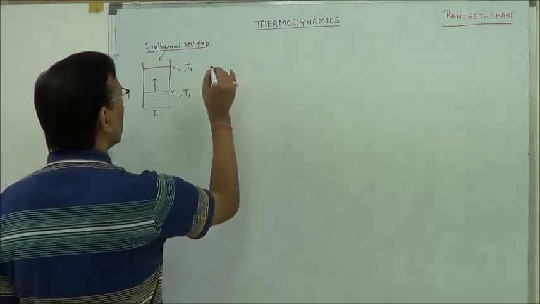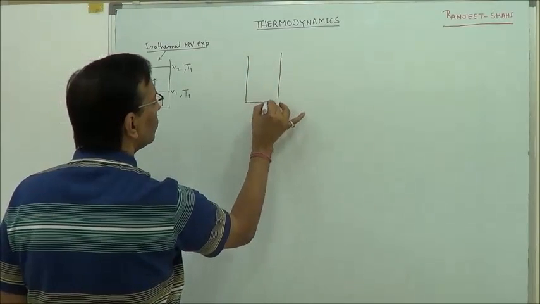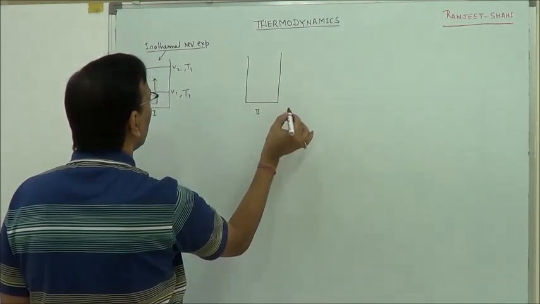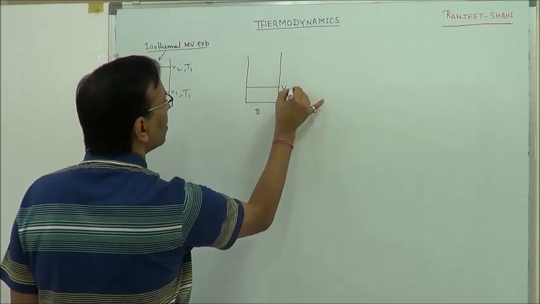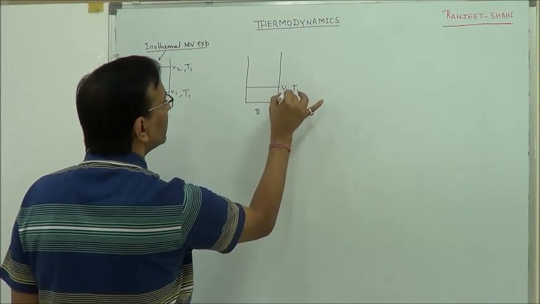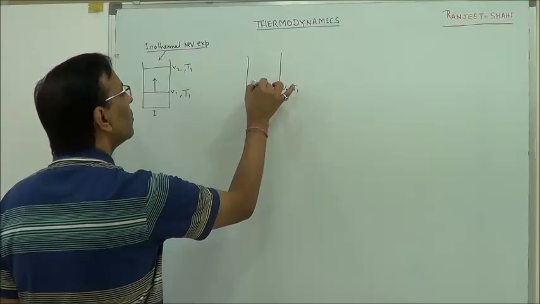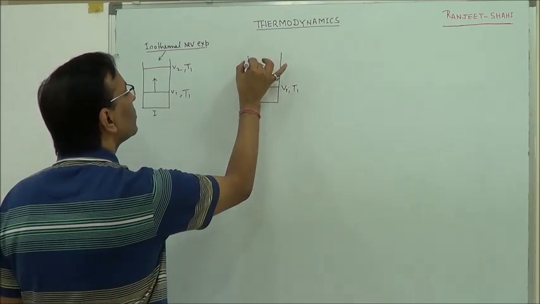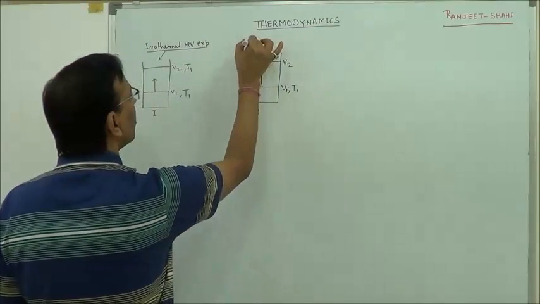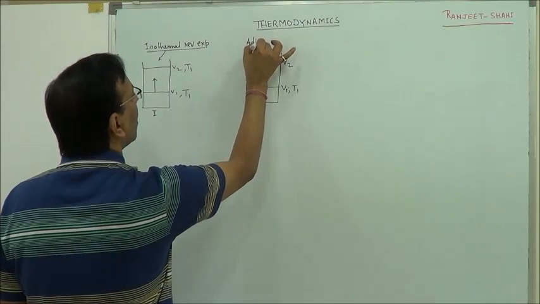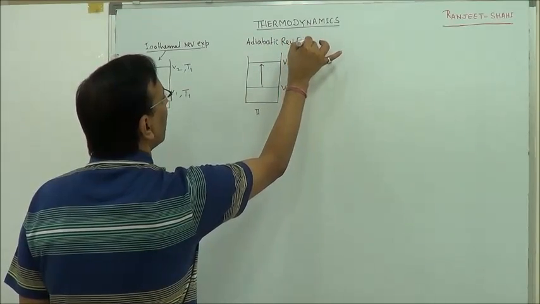Now imagine another thermodynamic process 2, where initial conditions are the same volume, same initial temperature. Now this undergoes expansion to the same final volume V2, but now adiabatic reversible expansion.